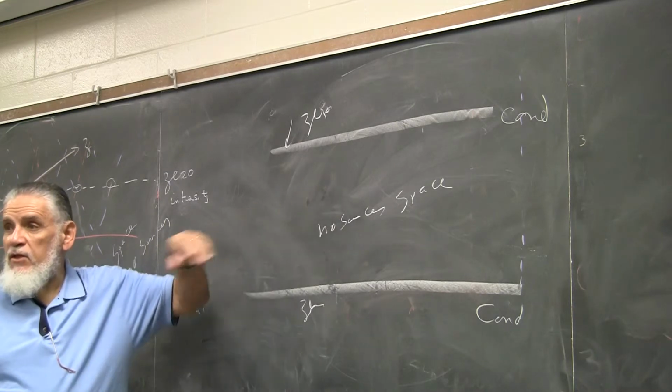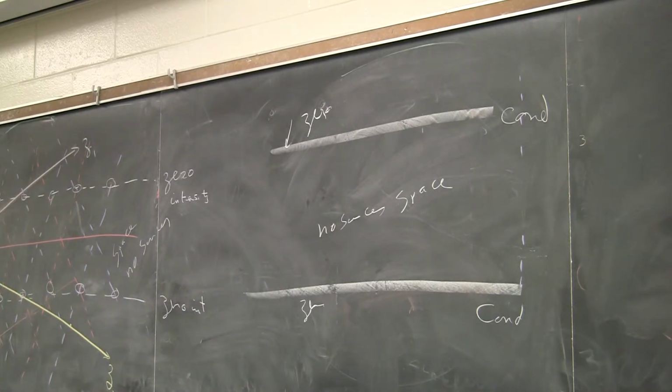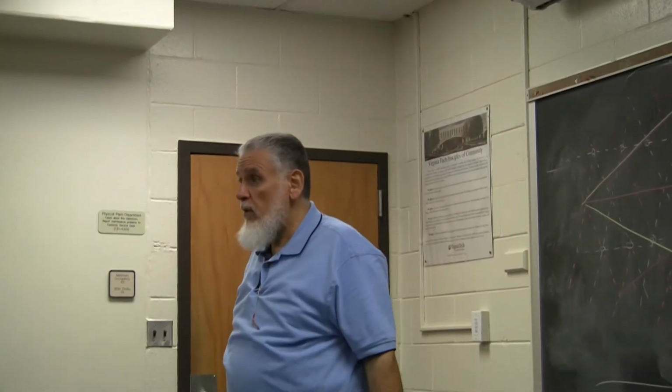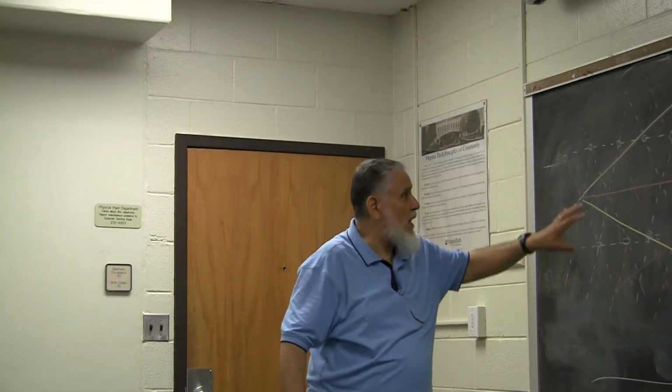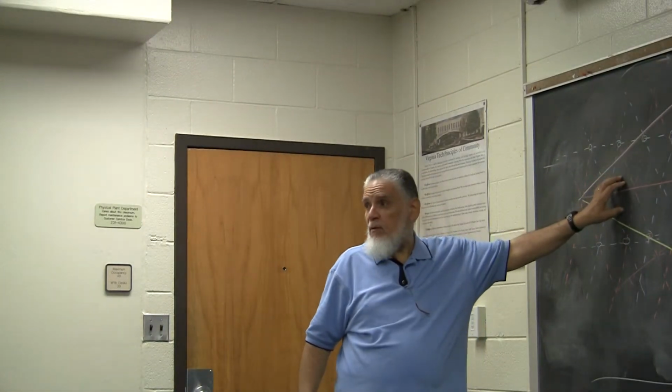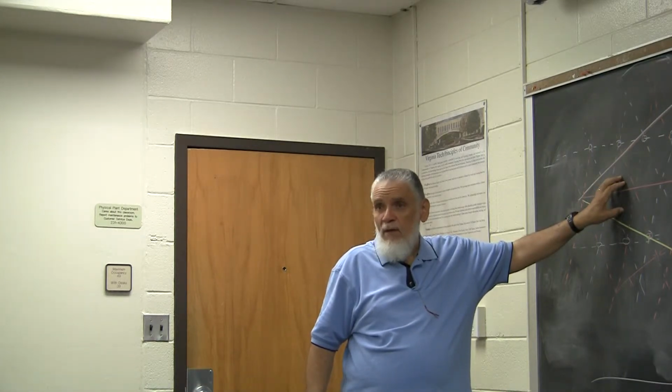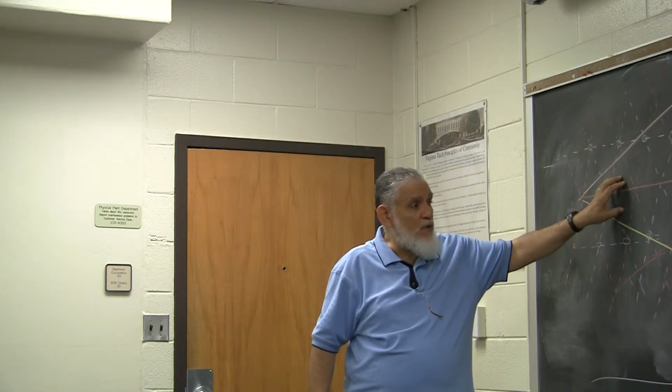So if I have this kind of a situation where I have two parallel plates, okay, indefinite, infinite, the field solution inside would be of this nature. That's one possibility, right? There are other possibilities.